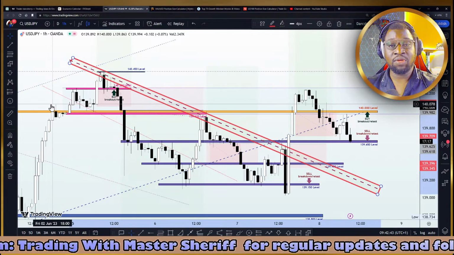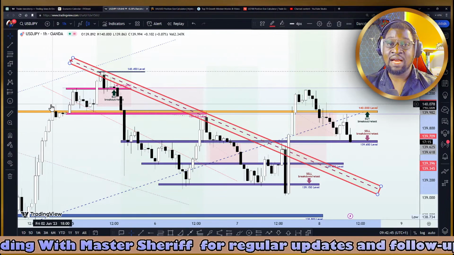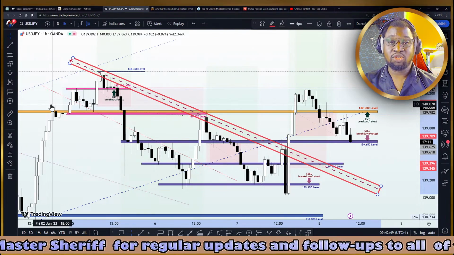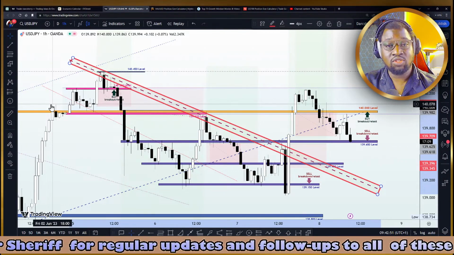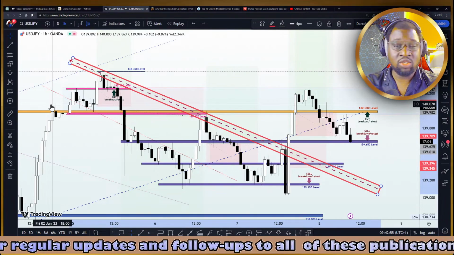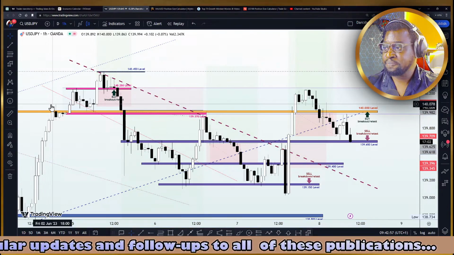As long as price action remains below the bearish trend line, we want to be looking out for selling opportunities. But if price breaks out of the trend line, obviously we are going to be buying the USDJPY. So this was our agreement yesterday.